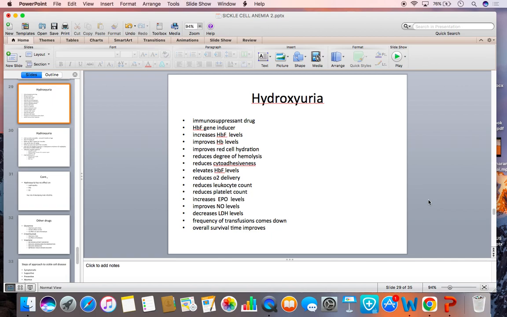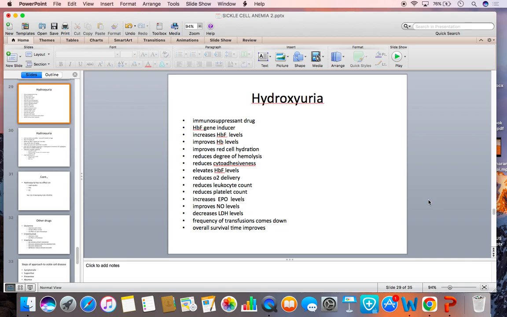So because the oxygen is retained within the cell, there is no deoxygenation of the hemoglobin, thereby going to sickling.